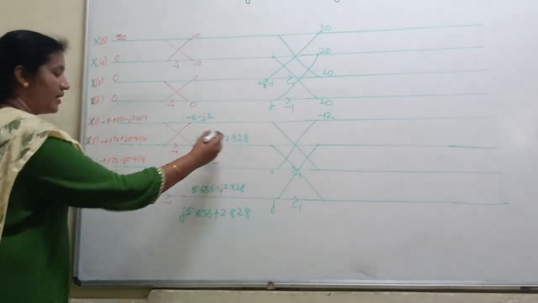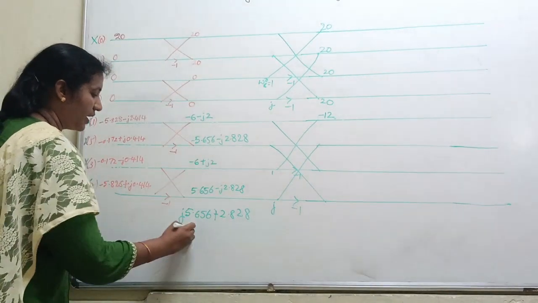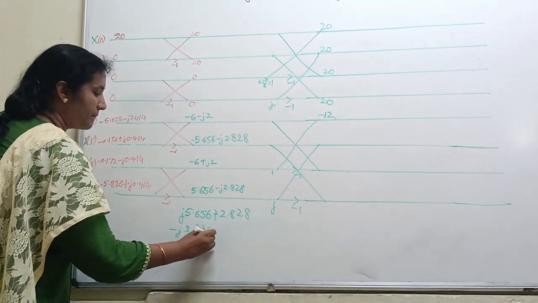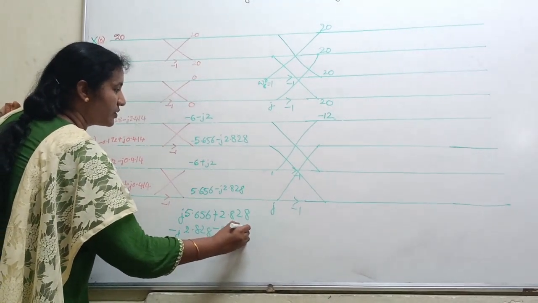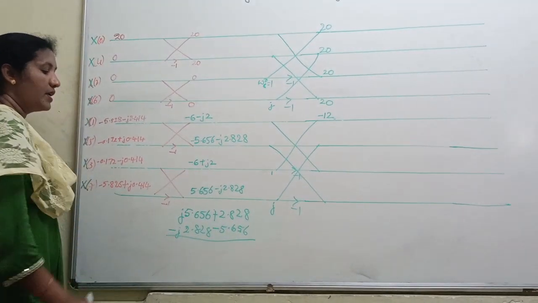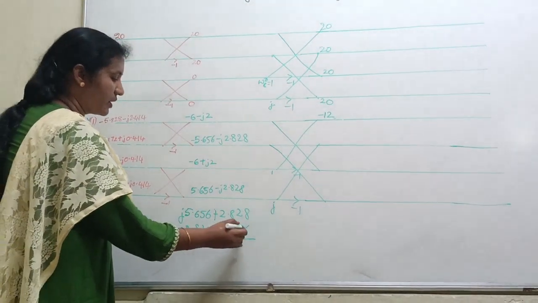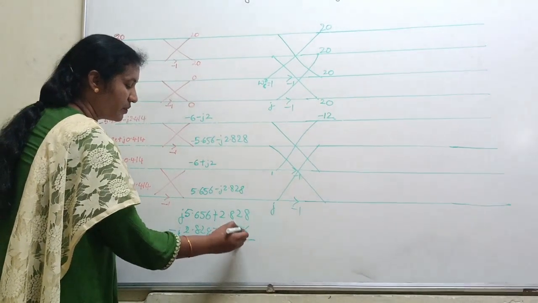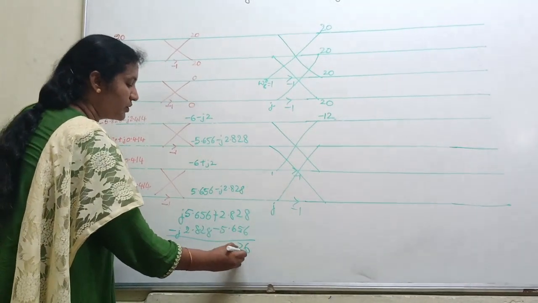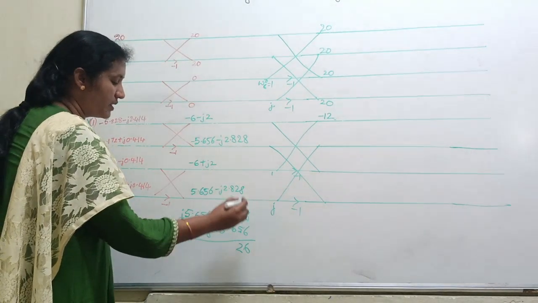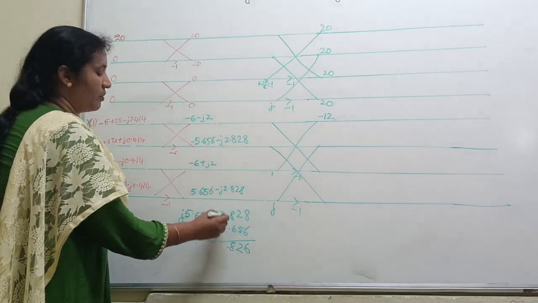Now we have to add the terms over here. So minus J 2.828. Next, minus 5.656. What is the value we will get here? We will do subtraction over here. 16 minus 8 is 8. 4 minus 2, 2.